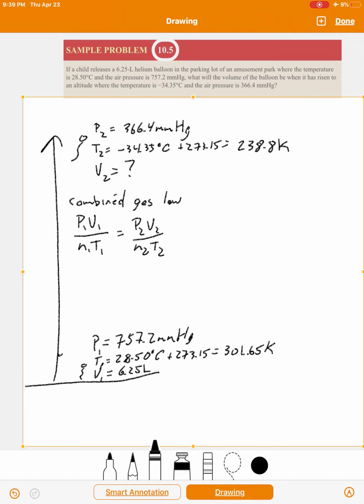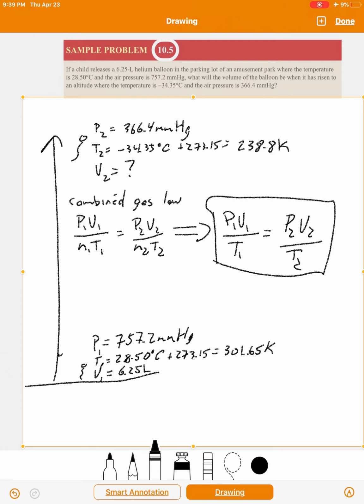However, the balloon is closed, so gas can't come in or out. So we simplify it to P1V1 over T1 equals P2V2 over T2. That's the combined gas law, assuming that no gases can escape or enter the balloon.